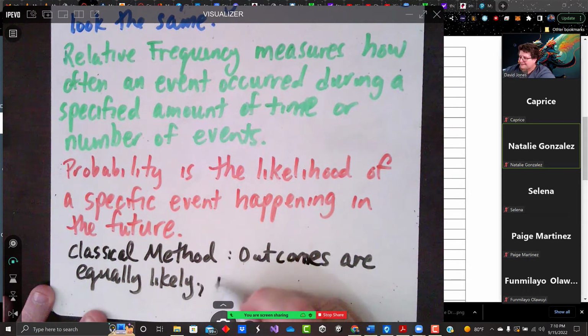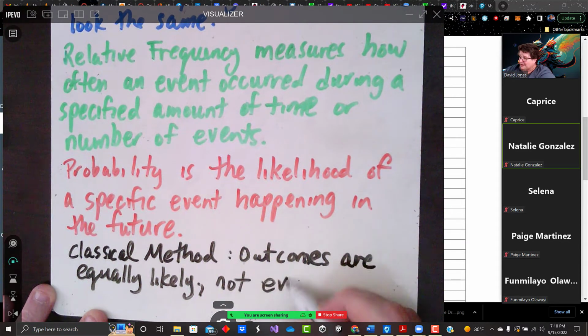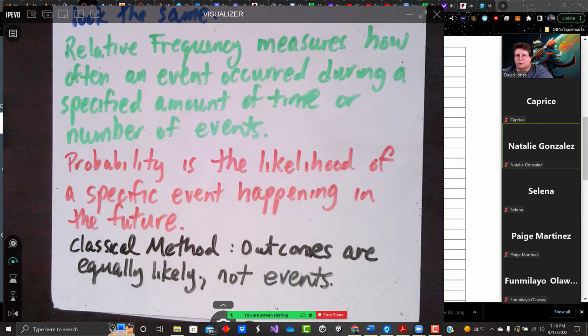Outcomes, not events. Outcomes would be like a 1, a 2, a 3, a 4, a 5, a 6, one given outcome. When I did the probability of rolling an odd, my event had more than one outcome in it. And so you'll see these a lot in casino games.